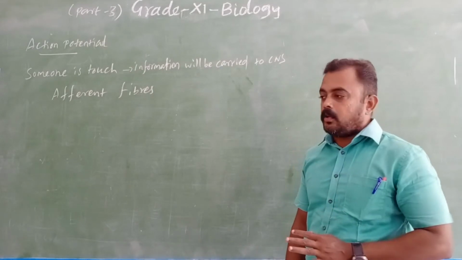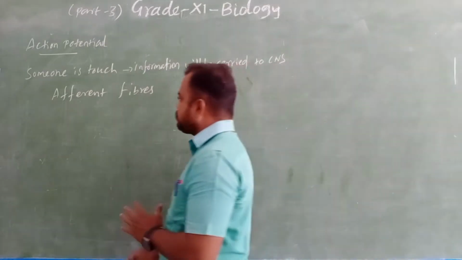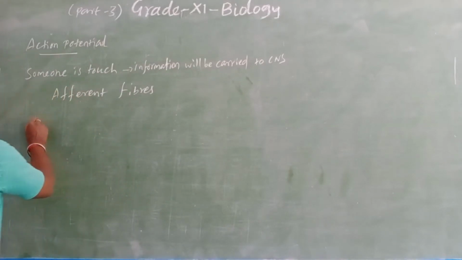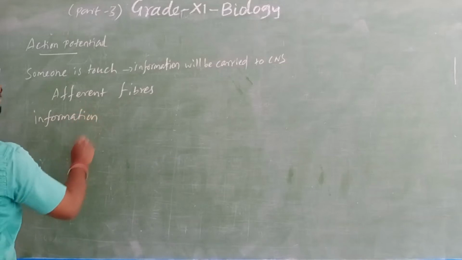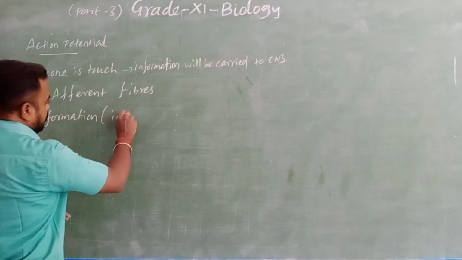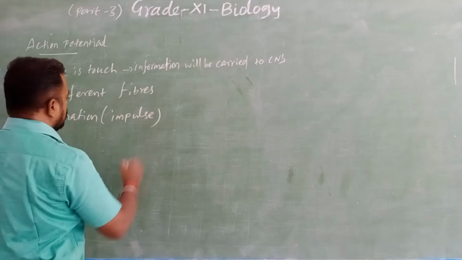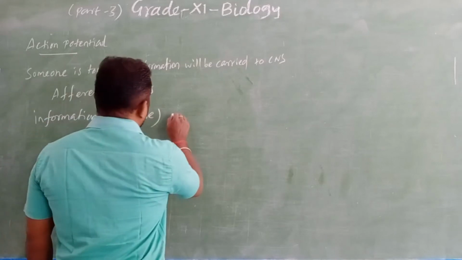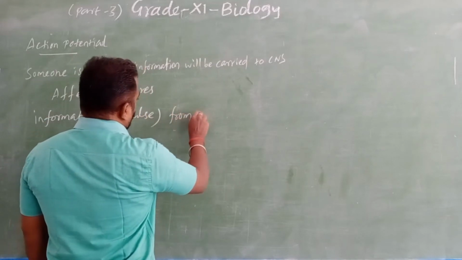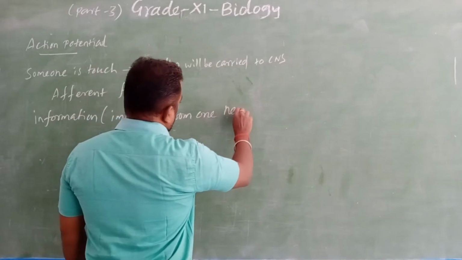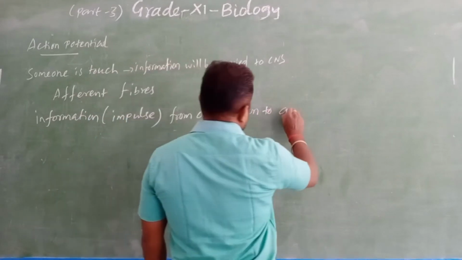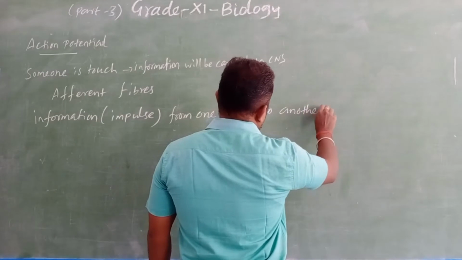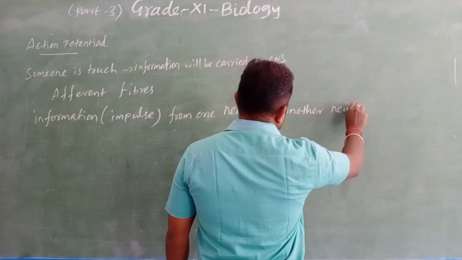So what happened here? The information, which means the impulse, is carried from one neuron to another neuron.